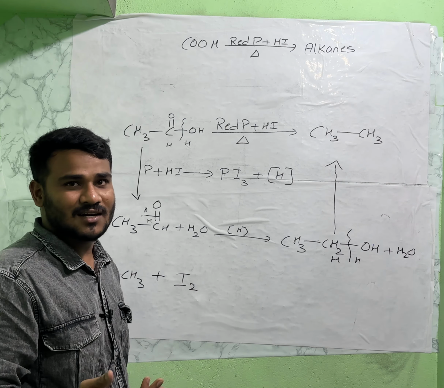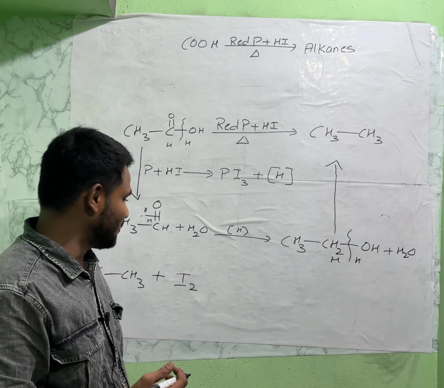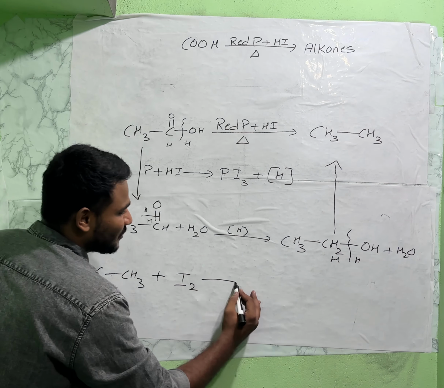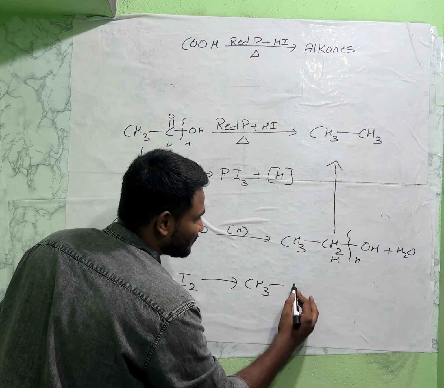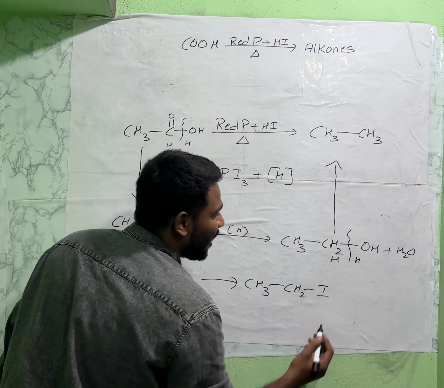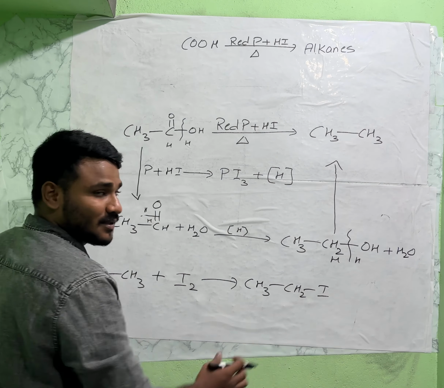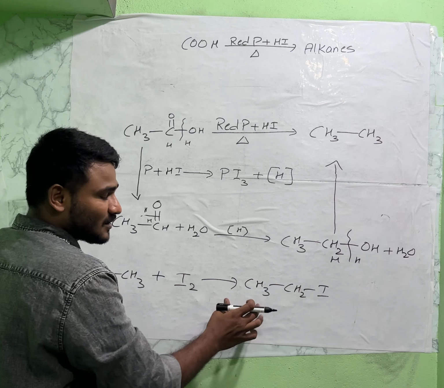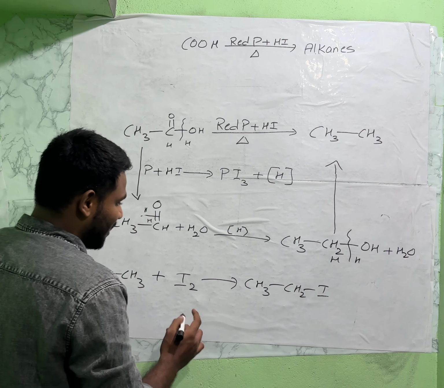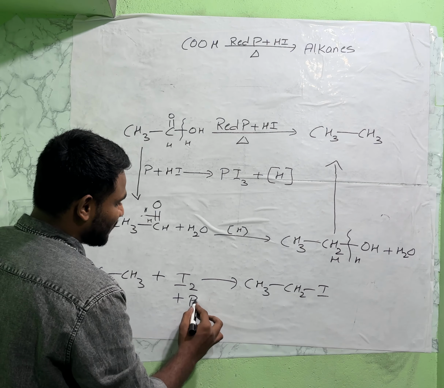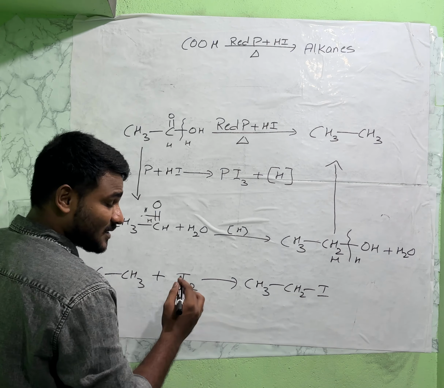As you will see in further classes, we will discuss free radical halogenation. In that, an alkyl halide product is formed here. To avoid getting this product, we add phosphorus, red phosphorus. It will form PI3 and we can avoid this reaction, so that we can get the alkane.